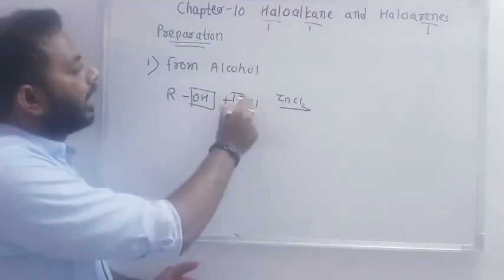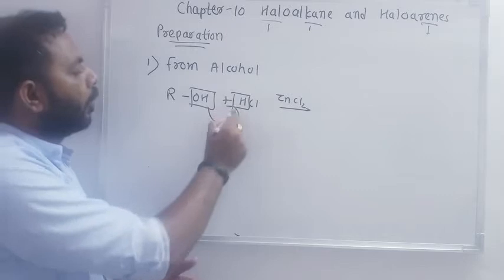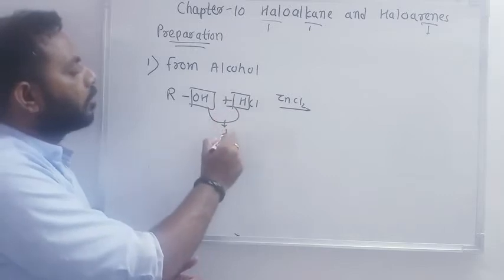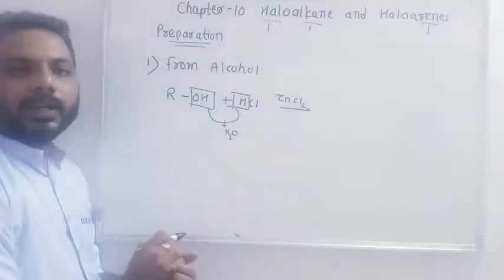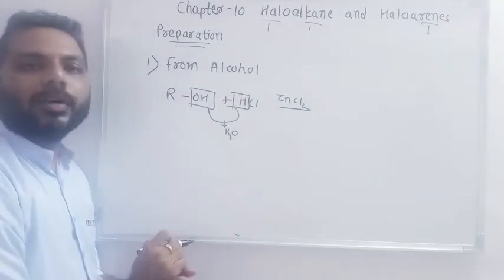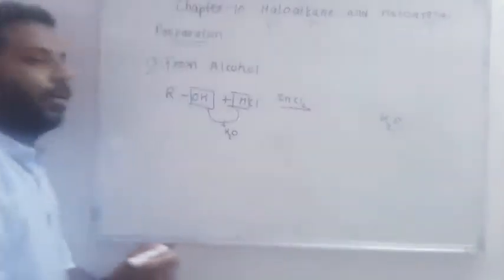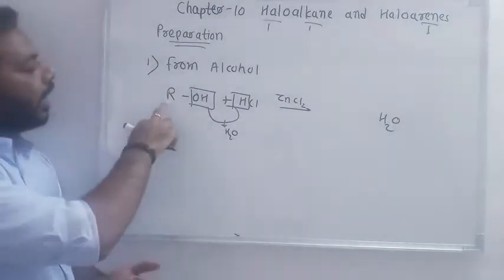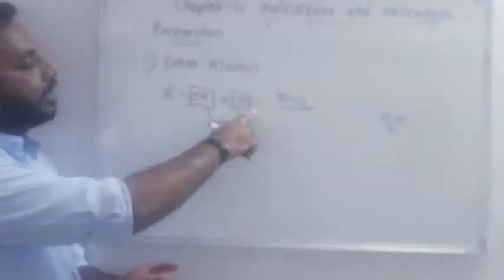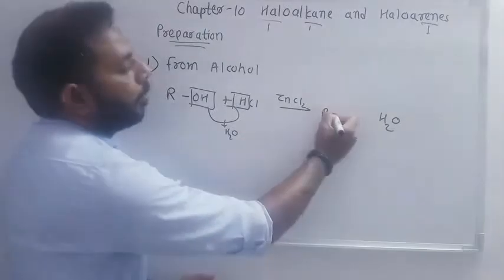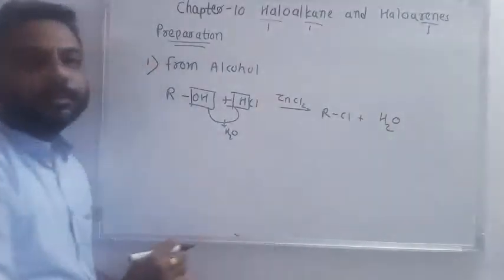The OH group from alcohol and H plus from acid will form H2O. We all know that OH and H will form H2O. So H2O will be released, and what is left? The alkyl group and Cl will form haloalkane.